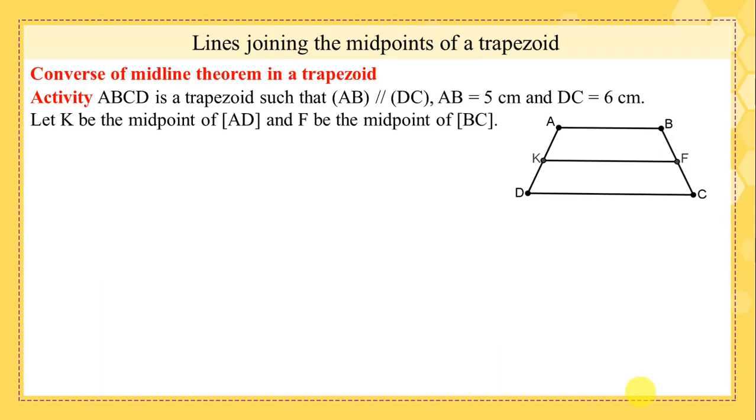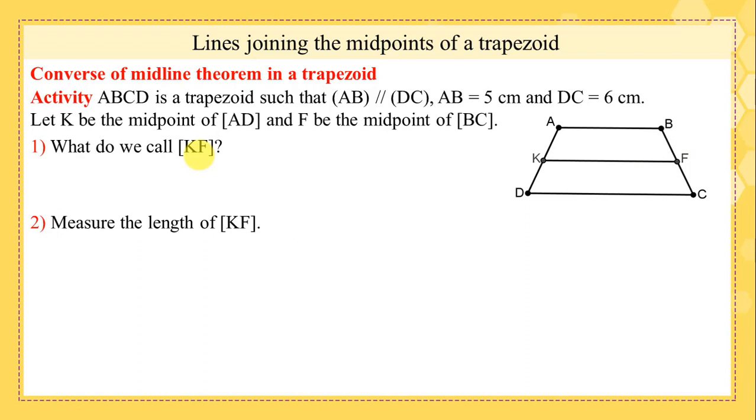Activity. ABCD is a trapezoid such that AB is parallel to DC, AB is equal to 5 cm, and DC is equal to 6 cm. K is the midpoint of AD, and F is the midpoint of BC. 1. What do we call KF? 2. Measure the length of KF. 3.